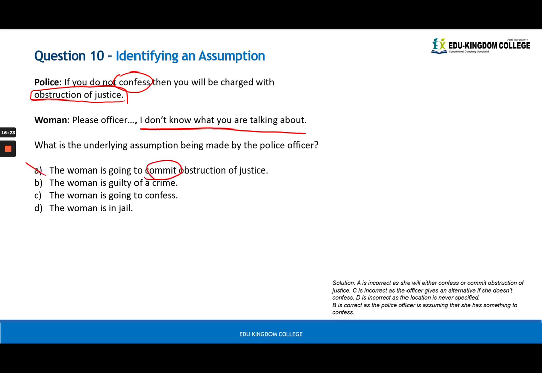B, the woman is guilty of a crime. Now this is actually the answer. The assumption is that the woman has something to confess. Okay, she has done something wrong to confess, and the police is assuming that by saying this statement. So B is the answer here. Remember, always feel free to read these solutions for extra information.